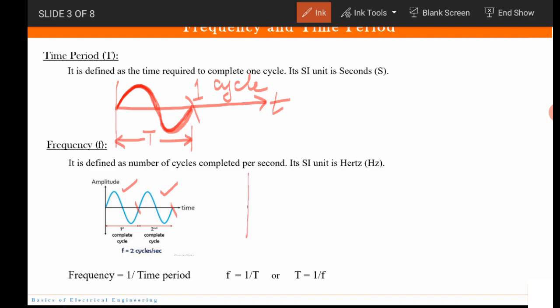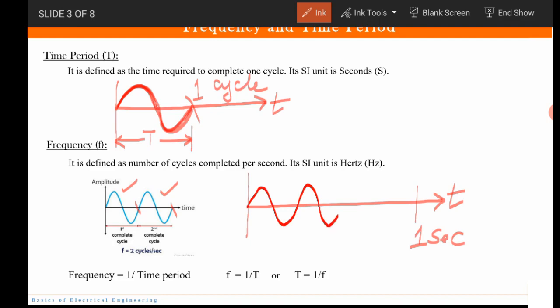Now in another example, let us understand that suppose here you have 1 second. Fine. And my signal varies like this. Okay, randomly I am plotting any signal. Now let us understand how many cycles it is completing in 1 second.